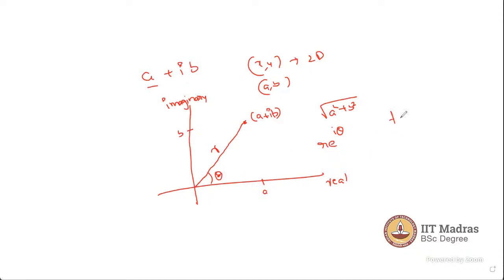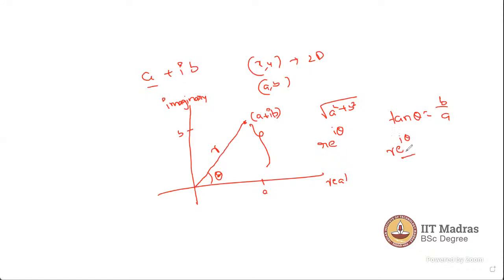So tan theta is equal to b by a. We can represent this complex number as either a plus ib or r e power i theta.